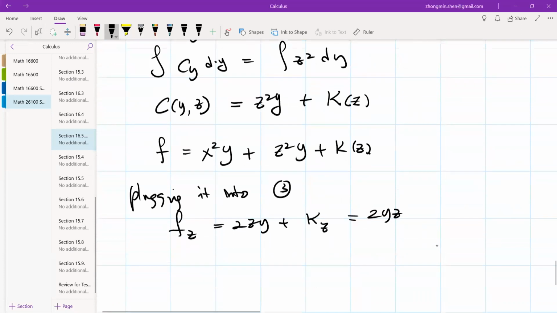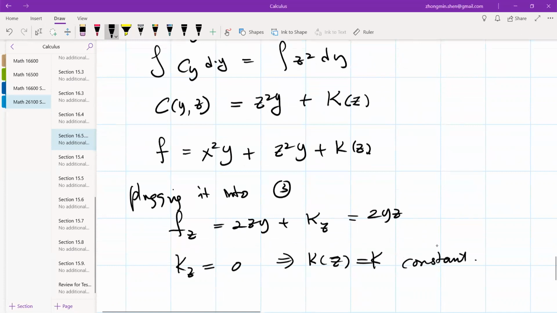So that means k sub z is 0, which means k is a constant, independent of any variable.